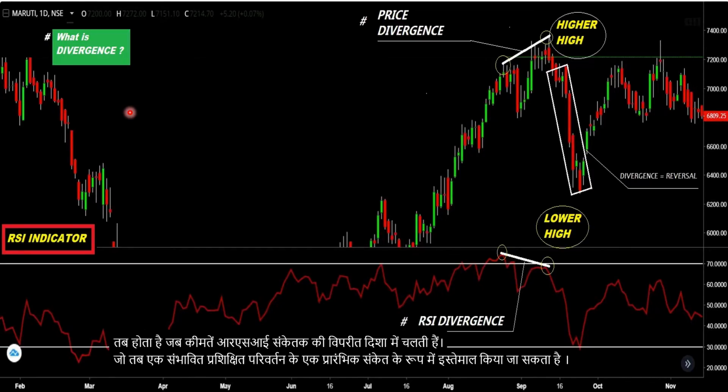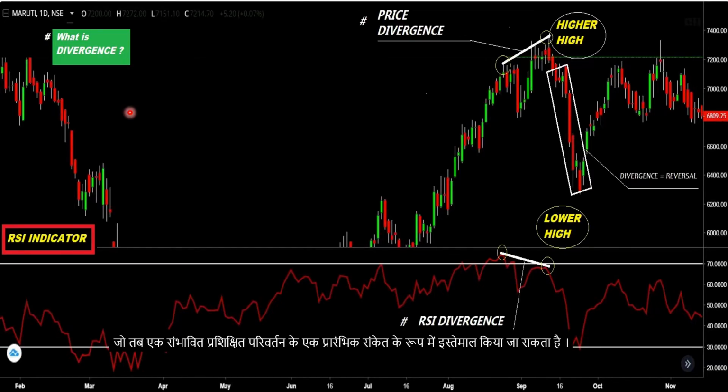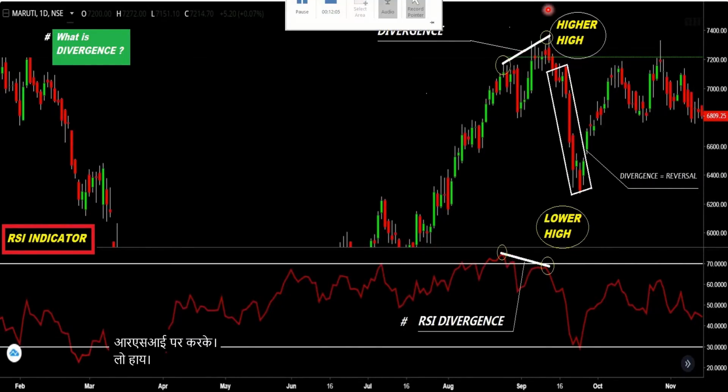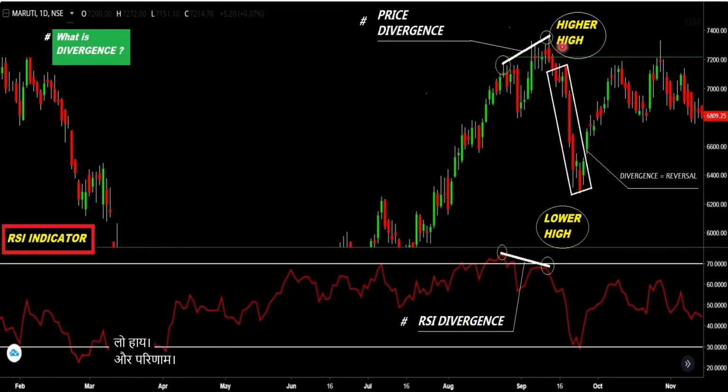Okay, so this is the Maruti chart. This is the uptrend. Here you can see price makes higher highs, but the RSI makes a lower high, and this resulted in a reversal of price following the RSI divergence.